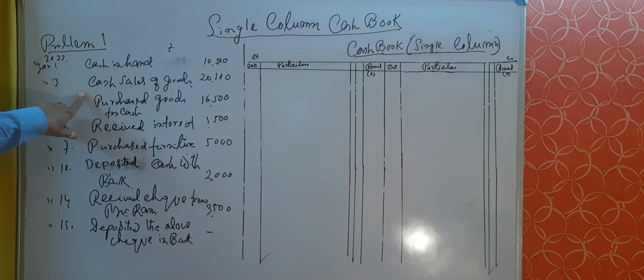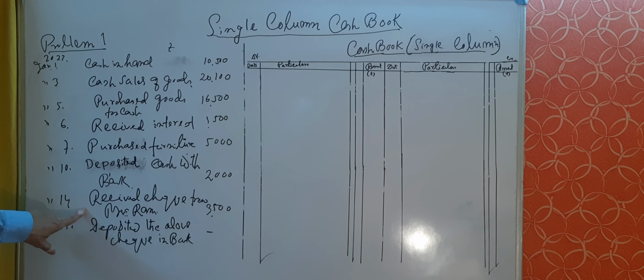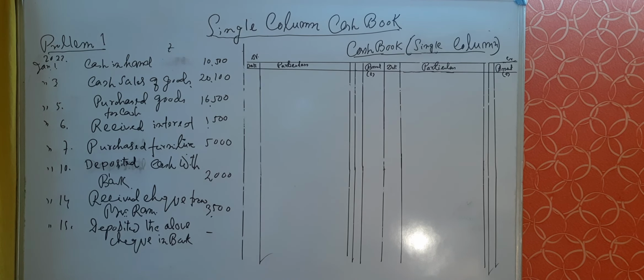Cash sales of goods, purchase goods for cash, receive interest rupees 1,500, purchase furniture for rupees 5,000, deposited cash with bank 2,000, receive check from Mr. Ram 3,500, and on 15th deposited the above check in bank. These are the 1, 2, 3, 4, 5, 6, 7, 8 transactions. These 8 transactions are to be recorded in the single column cash book.